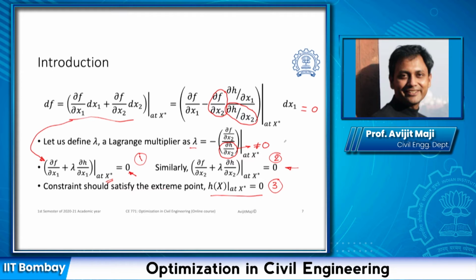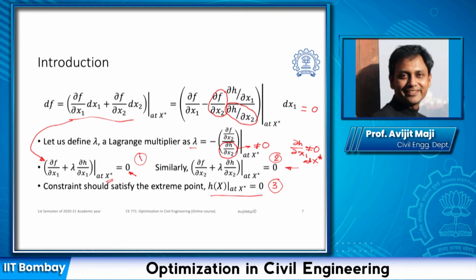Similarly, if we are replacing or expressing dx1 in terms of dx2, this term is going to be del h by del x1, and that has to be not equal to 0 at the x star.